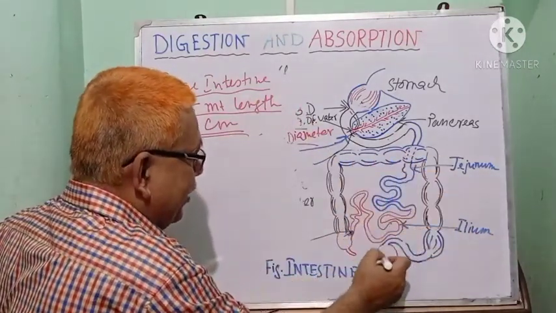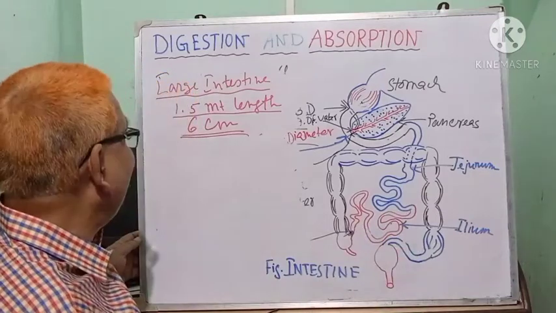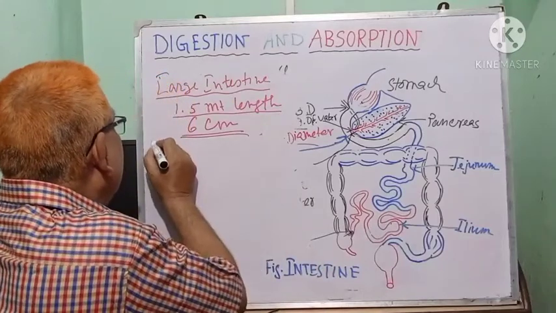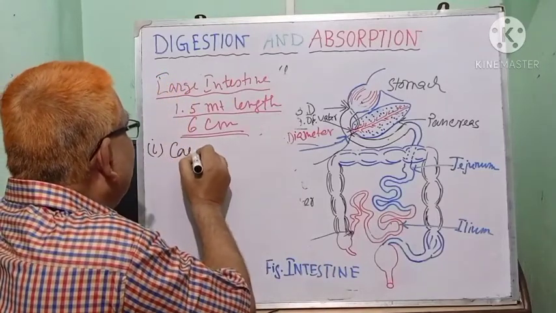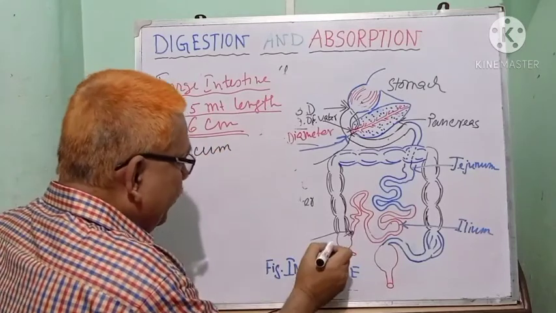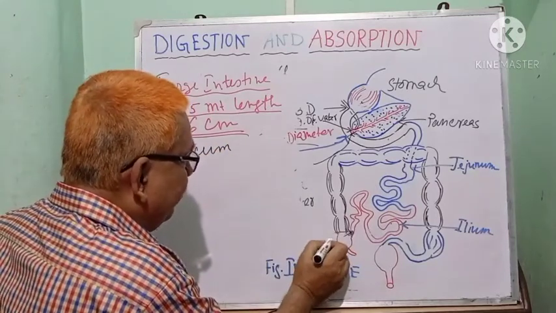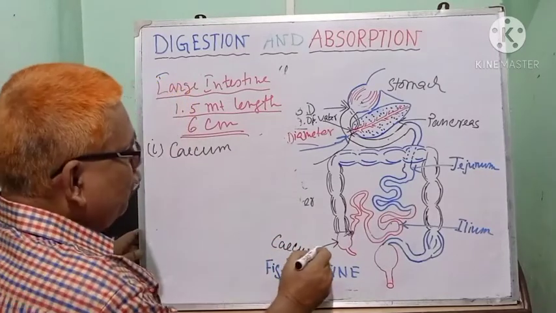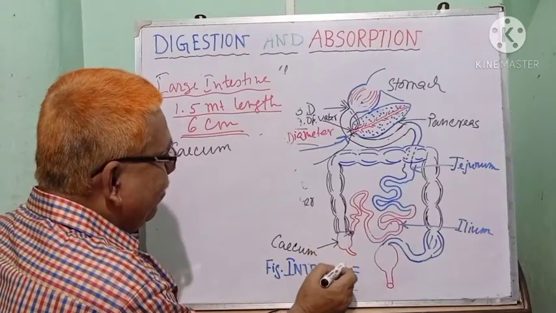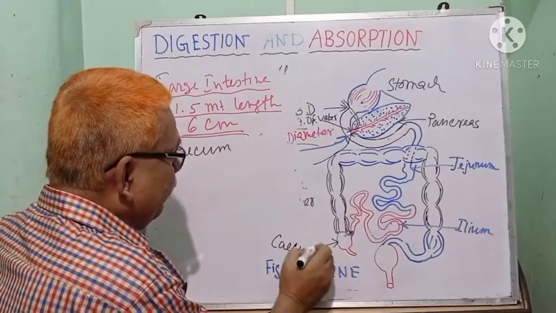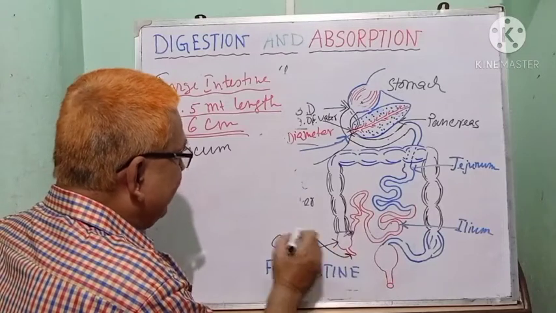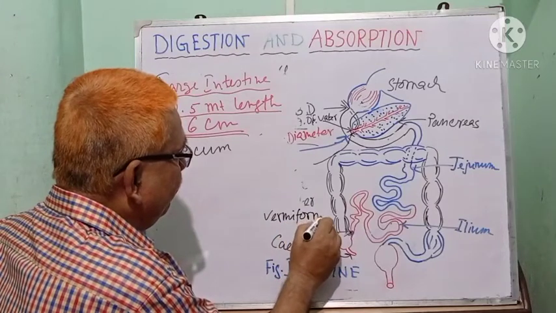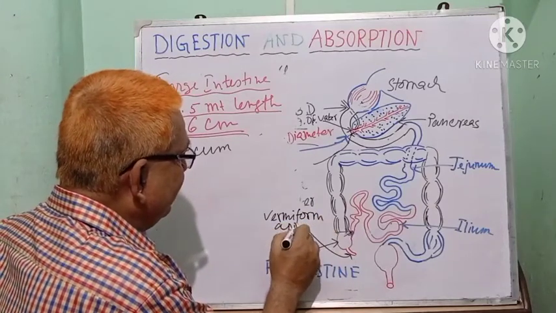This is the large intestine, and it is divided into, number 1, cecum. This is the cecum. On the posterior lateral wall of the cecum, this is the vermiform appendix.